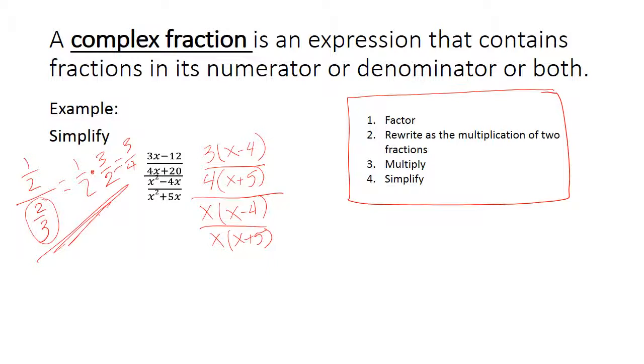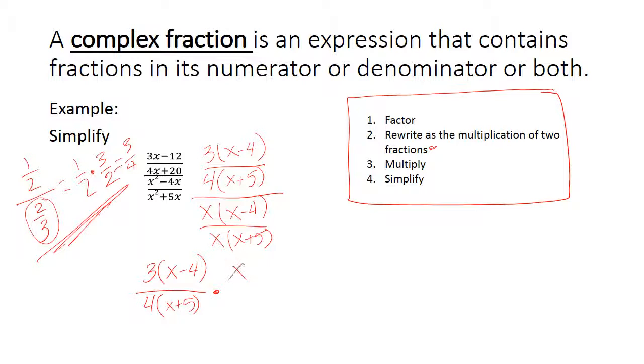So I'm going to do step 2 now, which is rewrite as the multiplication of 2 fractions. So we're going to rewrite this. I'd still have 3 times the quantity x minus 4 over 4 times the quantity x plus 5. And now I'm going to change this division to multiplication, and I'm going to take the reciprocal of the bottom fraction.